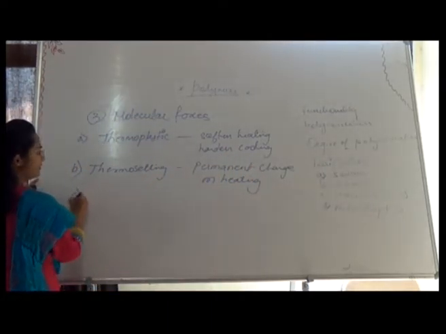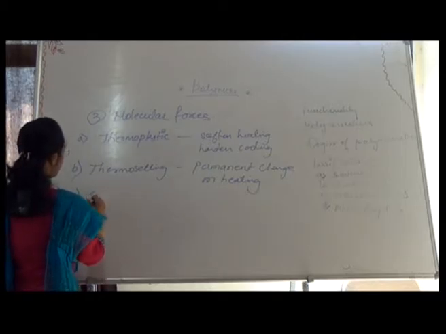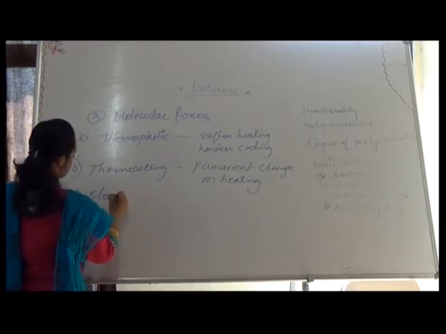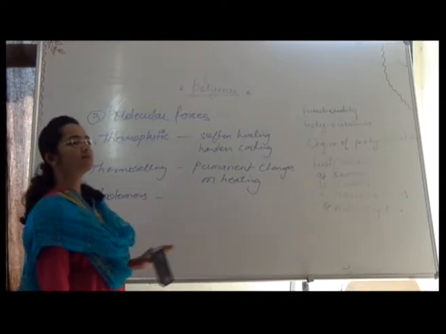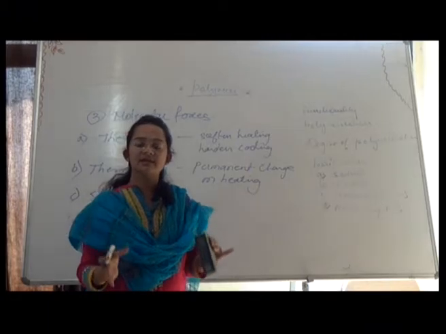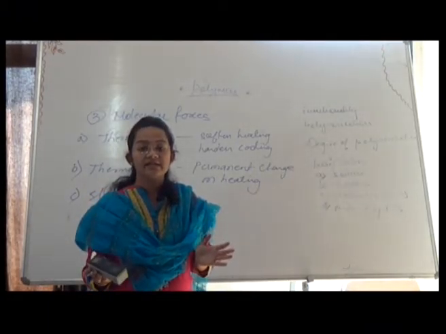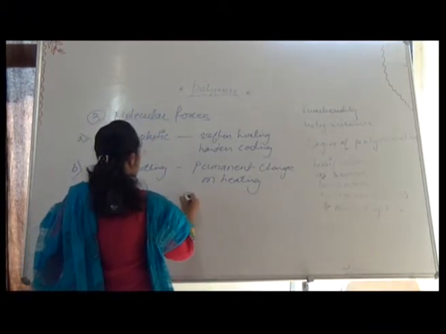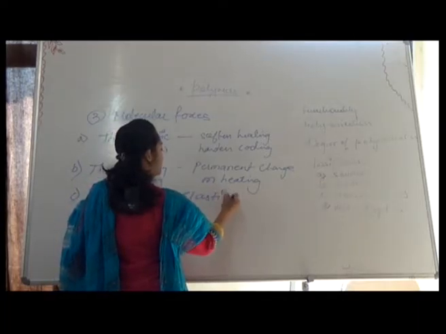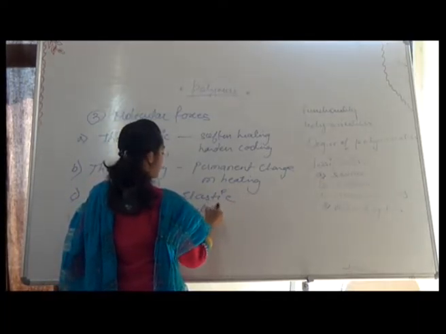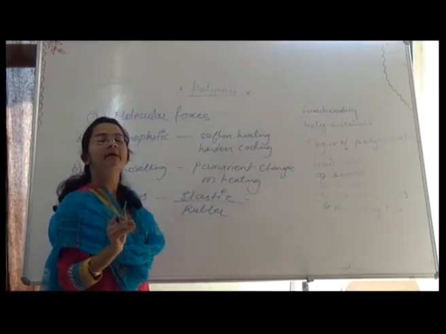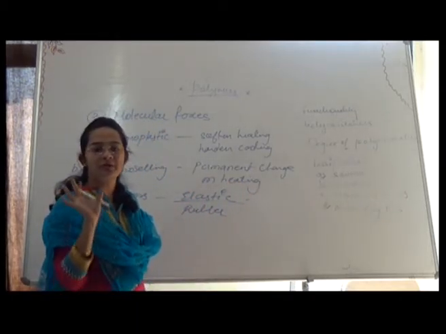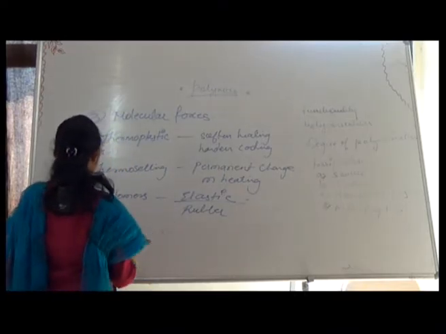The third one is elastomers. Elastomers are the ones which possess elasticity. For example, a very well-known example is rubber. It is a kind of polymer, but it has the elastic property in it. Clear?